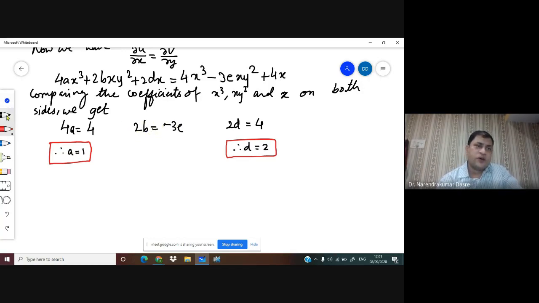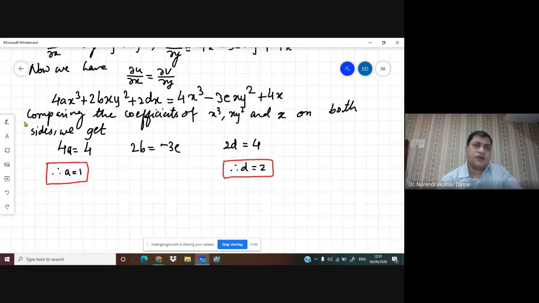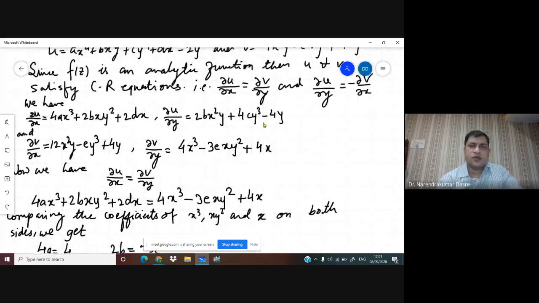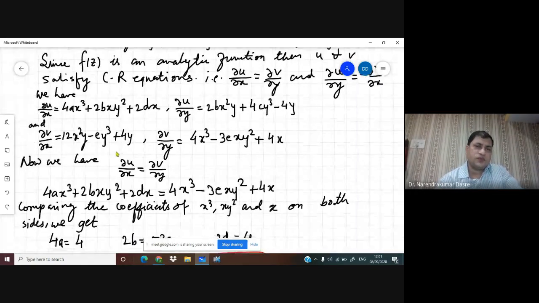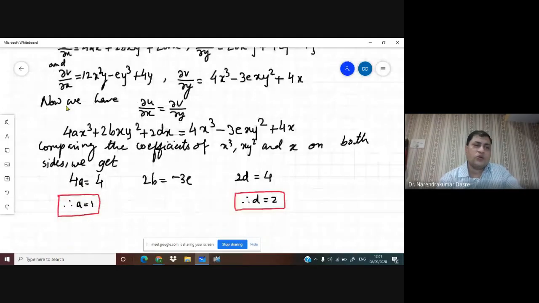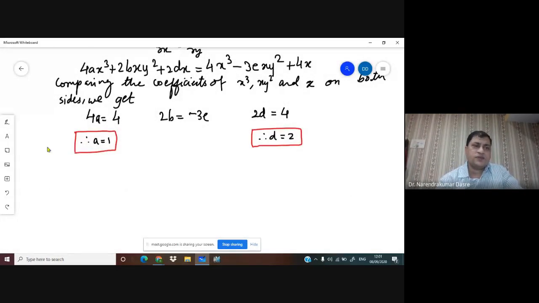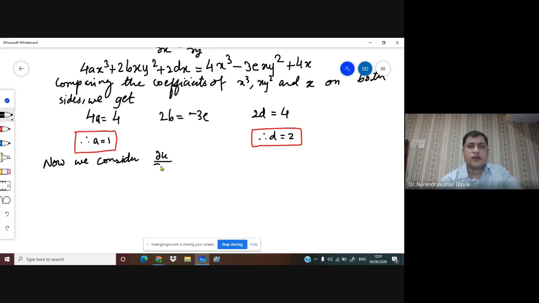Okay. Now we have to consider the next equation. So what is the next equation we have? ∂w/∂y is equal to minus ∂w/∂x. Okay. So that we have to consider now, and hence now we consider ∂w/∂y is equal to minus ∂v/∂x.